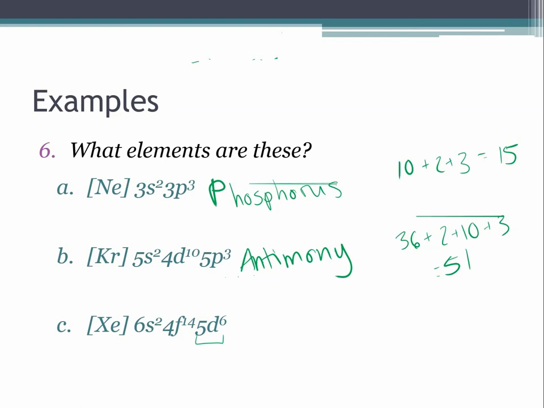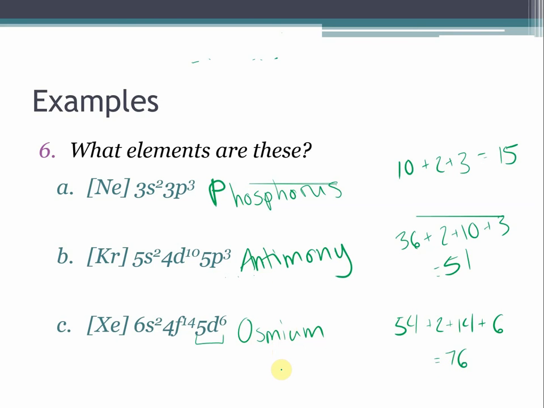Or you can also take your electrons in xenon. There are 54 electrons in xenon, plus 2, plus 14, plus 6. Adding those all together gets you 76, which is the atomic number of osmium.